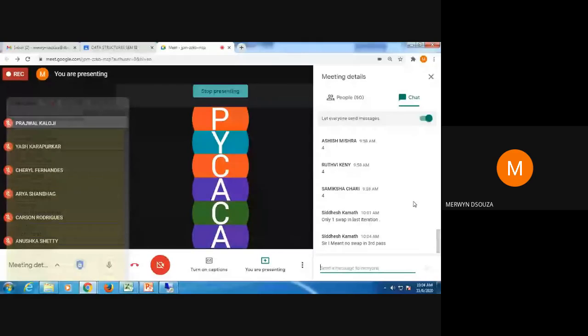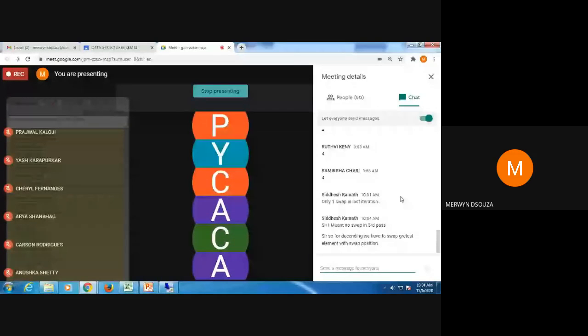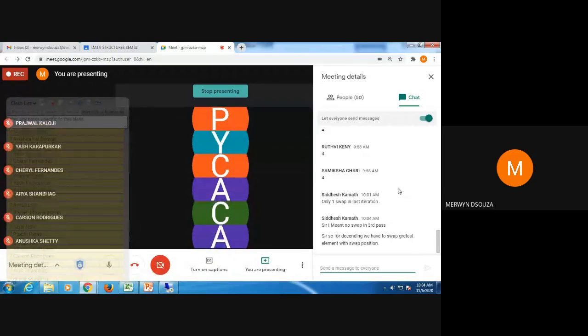Yeah, Siddesh, no swap in the third pass because the swap position and the smallest element were in the same place. Since we are checking while swapping whether the values are greater than or less than, and depending on that we are swapping.